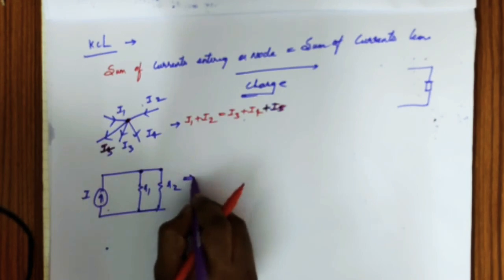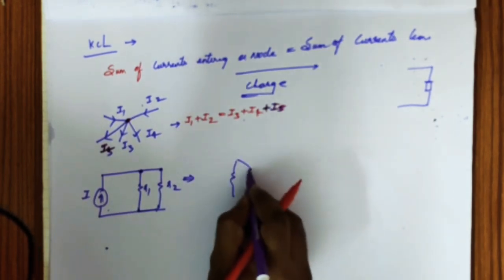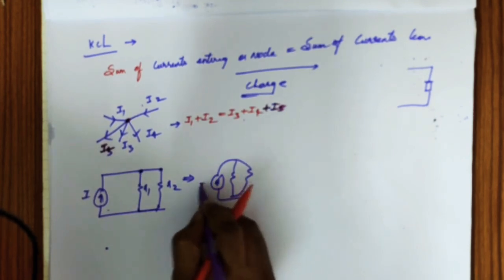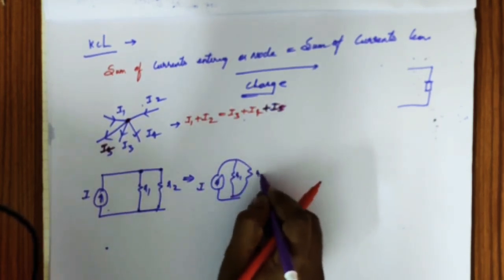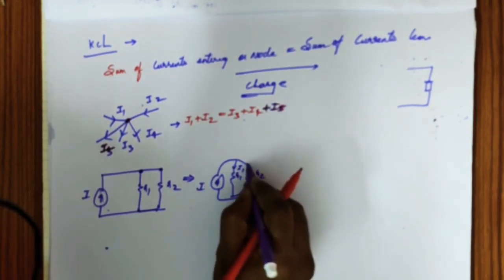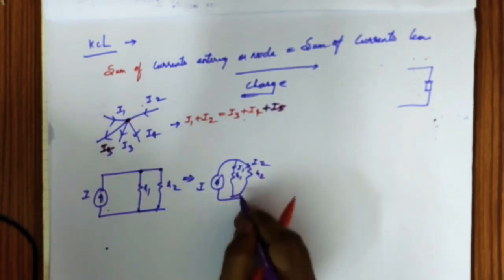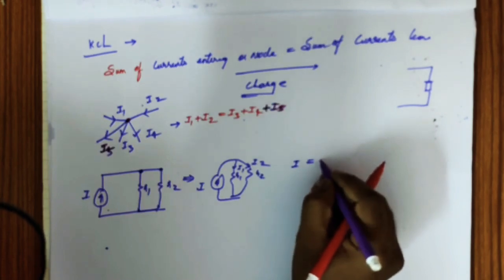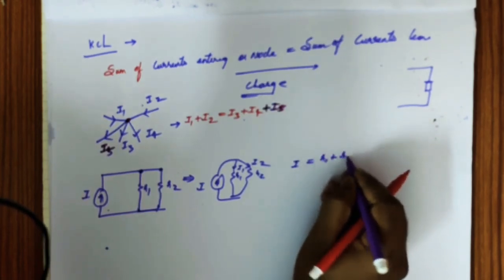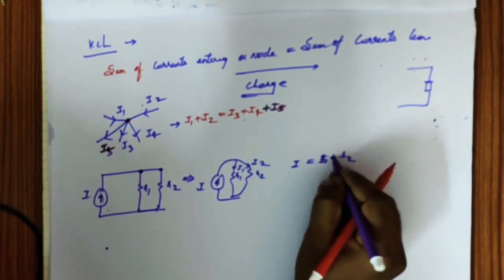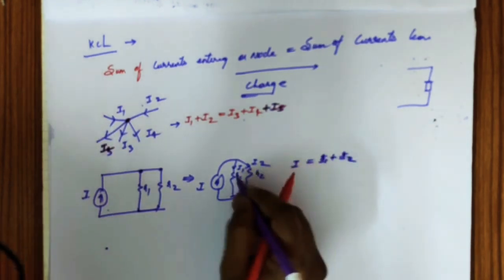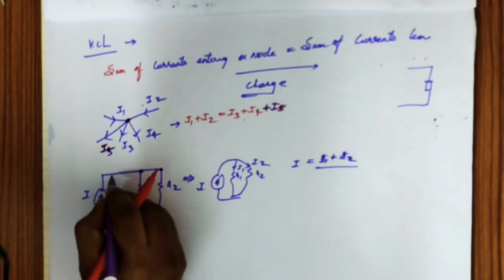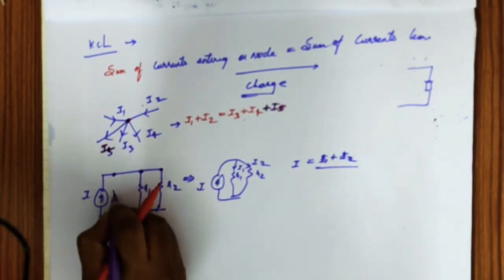So I can write this circuit like this also: I, R1, R2, with current I1 entering R1 and current I2 entering R2. So the current entering, I, equals what? I1 plus I2.